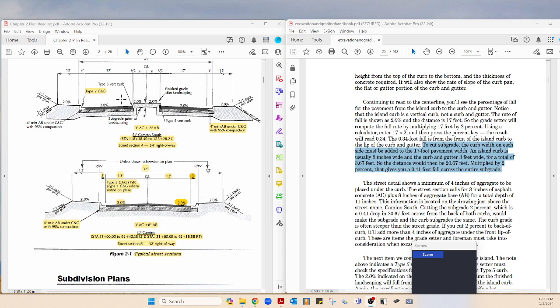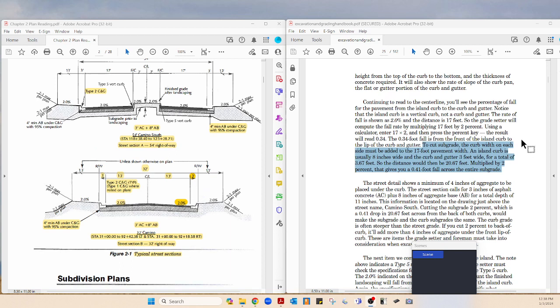That's a type 5 vertical curve. This right here is a curb and gutter, and as you can see, it is 3 foot. This is a vertical curve, and it doesn't give a dimension for the thickness of that curve because the asphalt's going to butt up against it. That's what this is talking about.